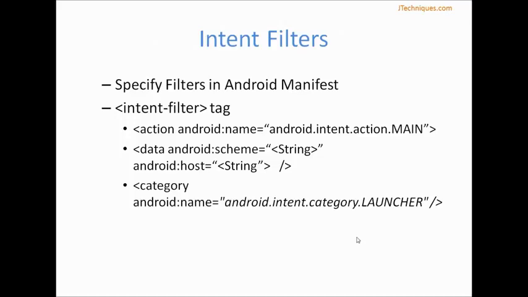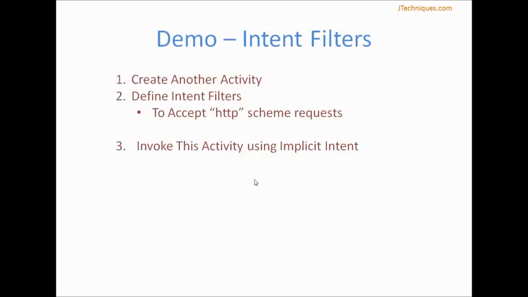Let's look at intent filters. An intent filter is used by an app to specify the capabilities of a particular app. As I mentioned earlier, a browser will specify its action as action view and provide data like it can handle schemes of type HTTP, HTTPS or a particular host only, etc. Let's next create our own activity and specify intent filters to accept links of type HTTP.